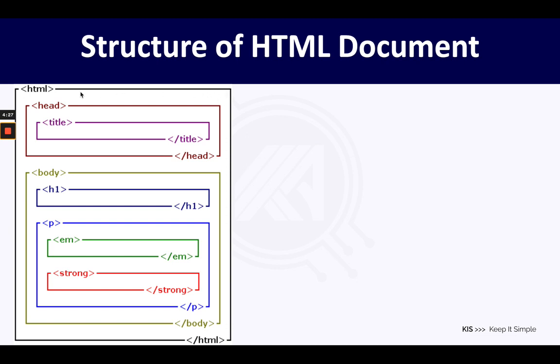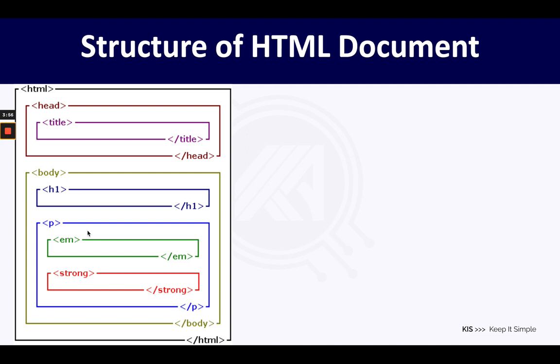So we mentioned that there is a root element, which is the HTML element. And then inside the HTML element, we basically have two elements, the head and the body. The head contains the title and some other metadata or meta tags. And then the body contains the main content of the page that the user actually sees, like the headings, the different text elements, the forms, the sliders and all those.